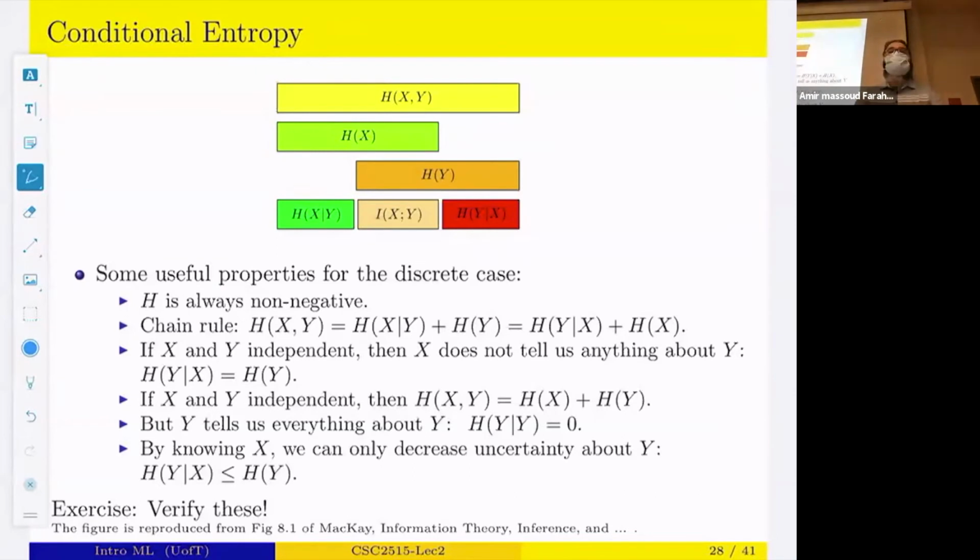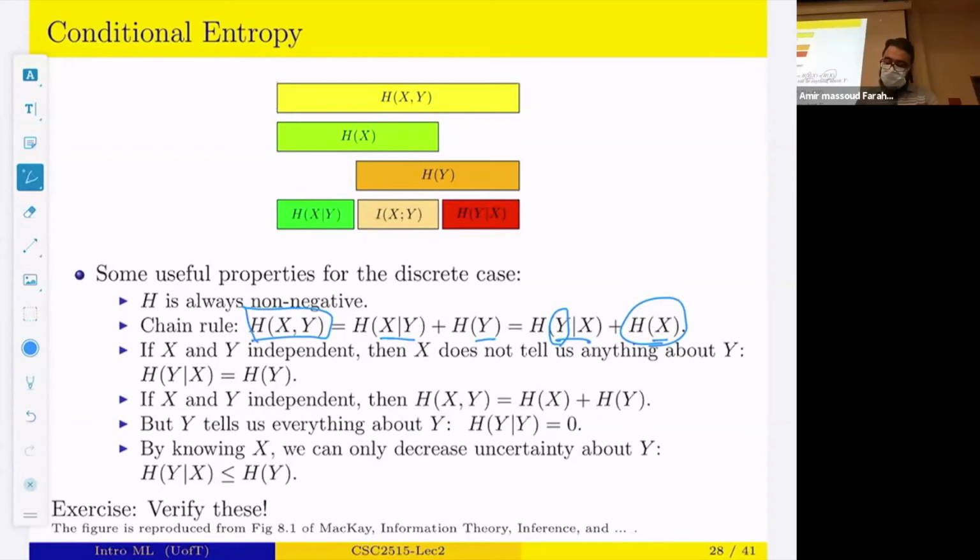And then entropy has a chain rule, which basically says that the entropy of the joint of X and Y can be written as entropy of X conditioned on Y plus entropy of Y, or entropy of Y conditioned on X plus entropy of X. So how much we are uncertain about X plus how much we are uncertain about Y given the knowledge of X, or vice versa.